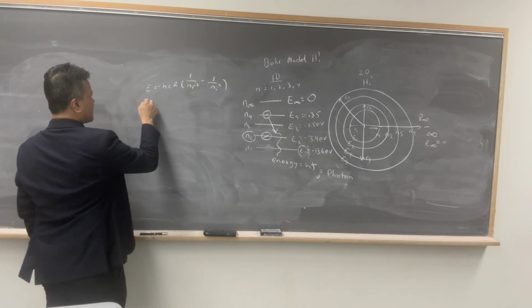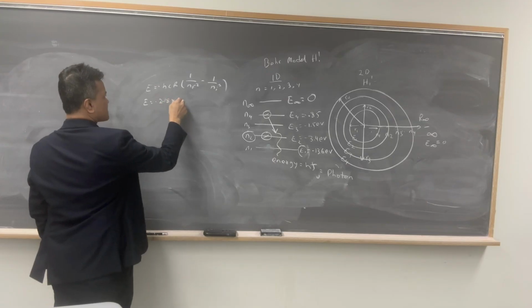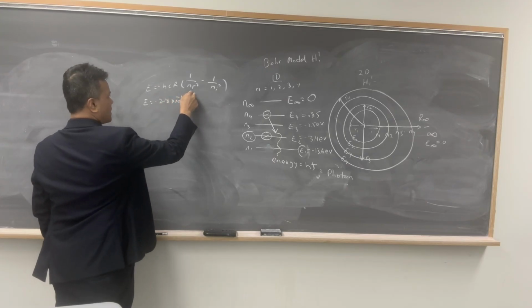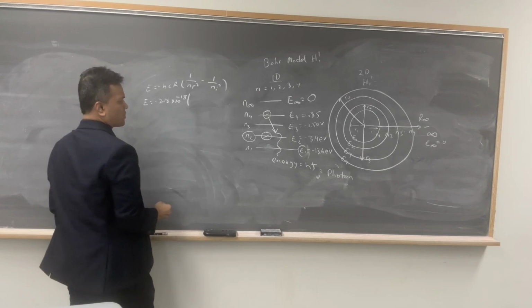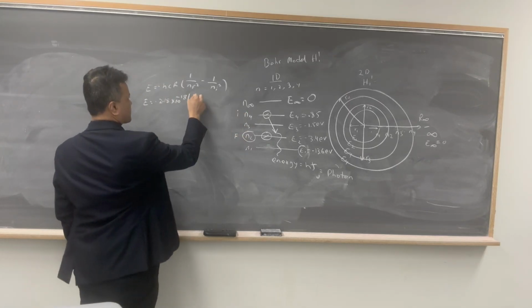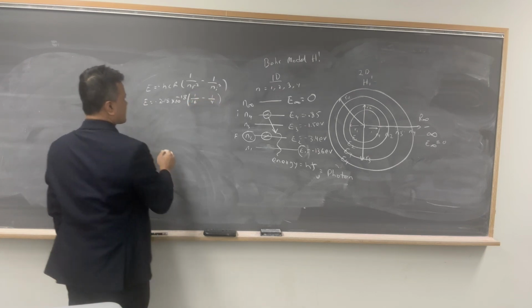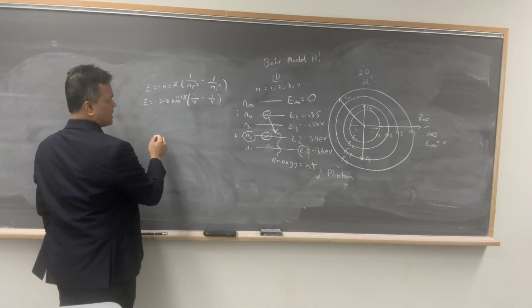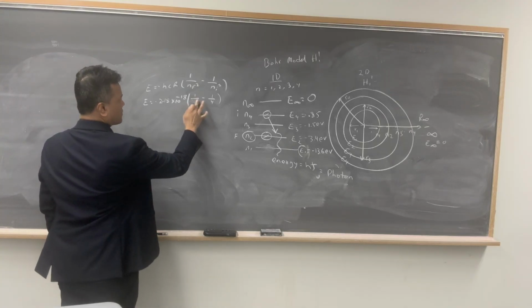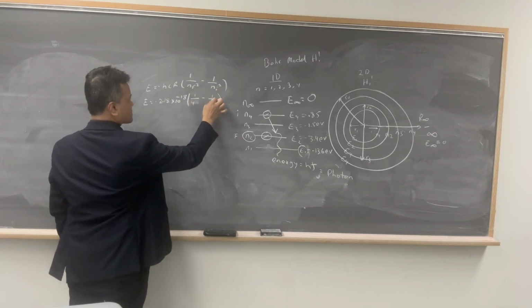This one we already calculated: negative 2.18 times 10 raised to negative 18 joule. So this is initial, this is final. This one is 1 over 16, this one is 1 over 4. So n final is 1 over 4, and n initial is 1 over 16.